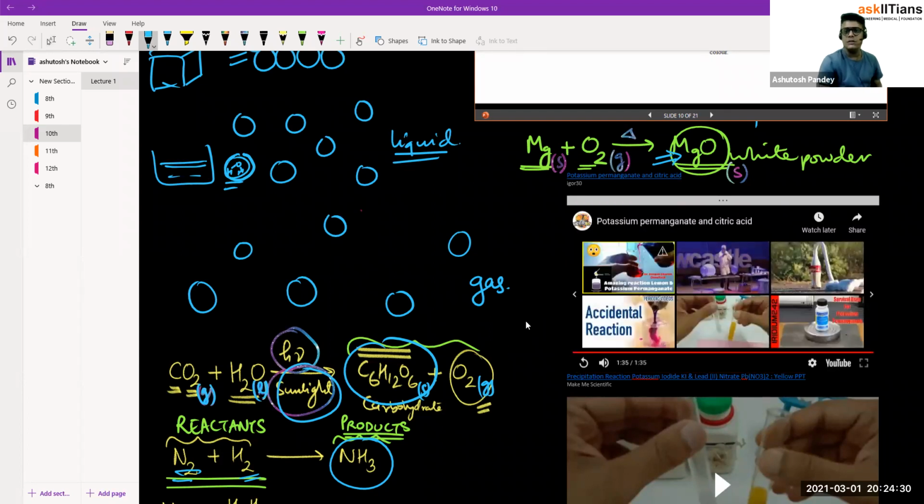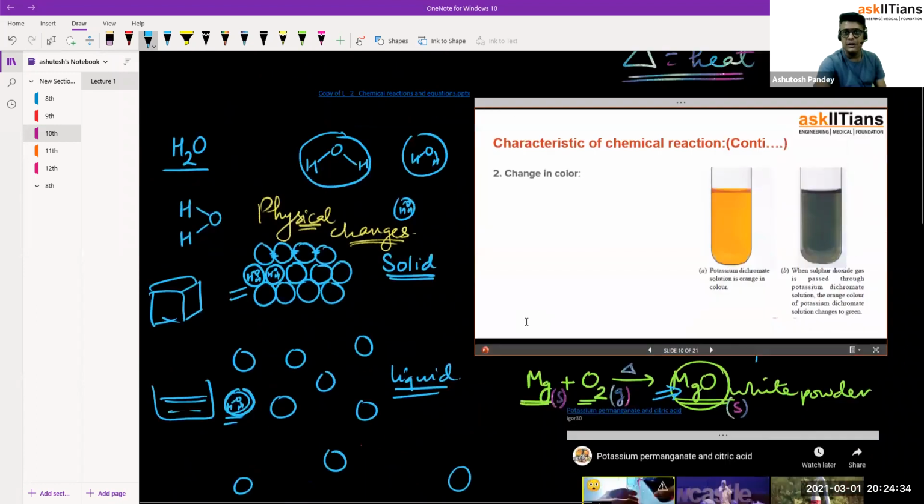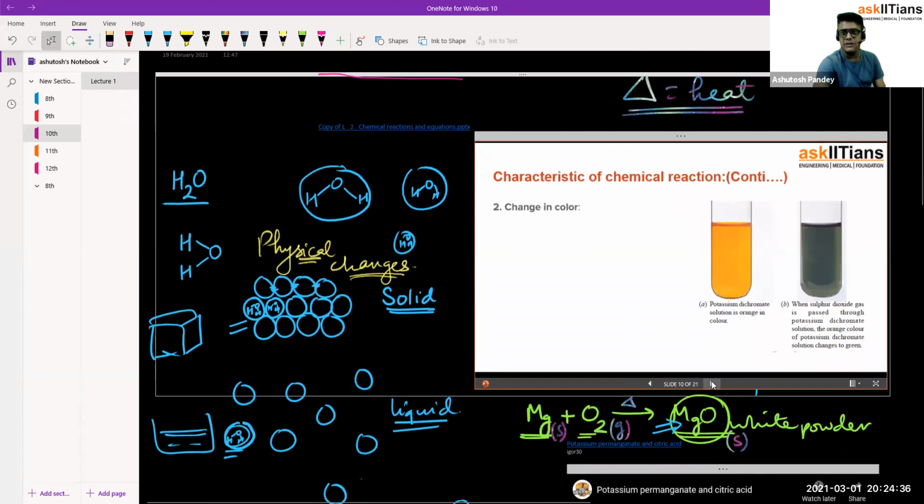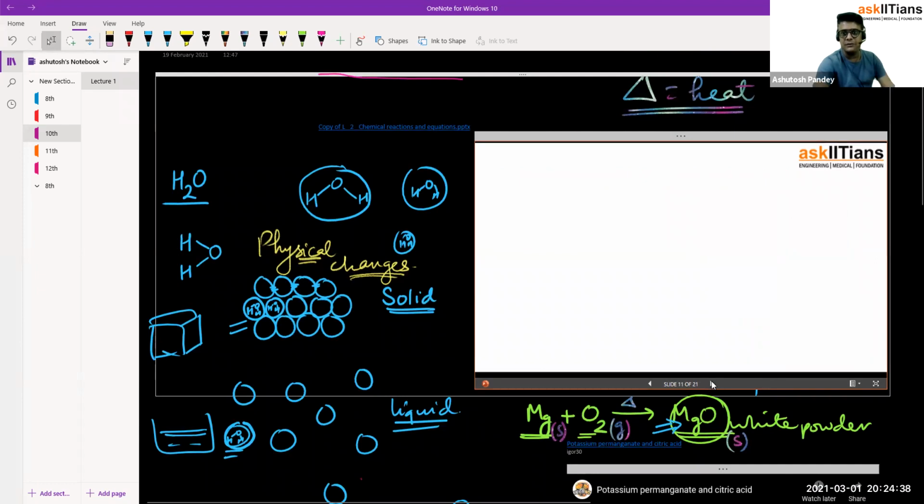So this was one reaction where a new substance was formed. Let's take another. So change in color and some new substance formed.